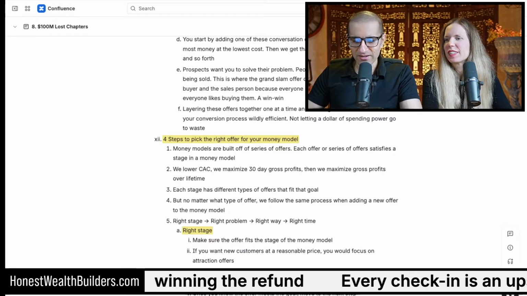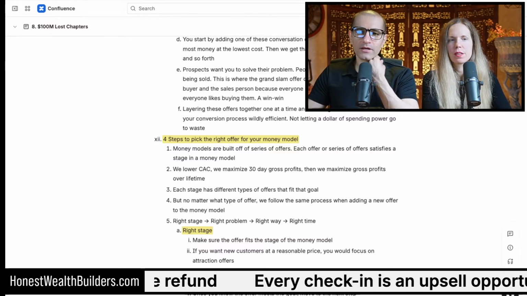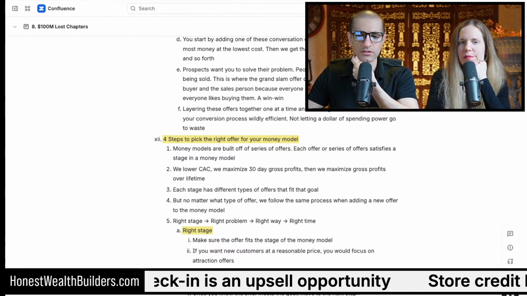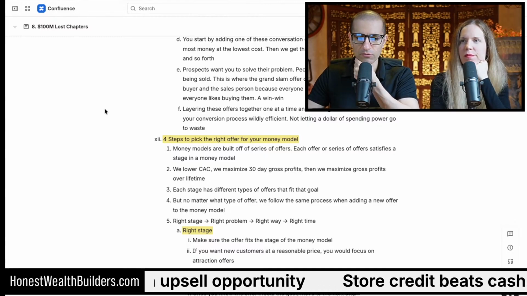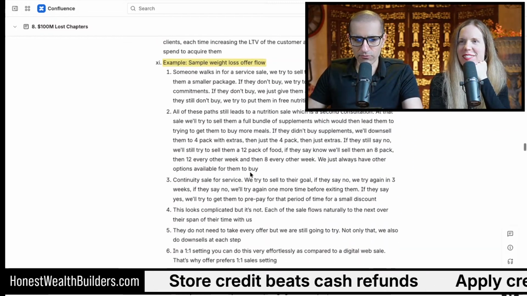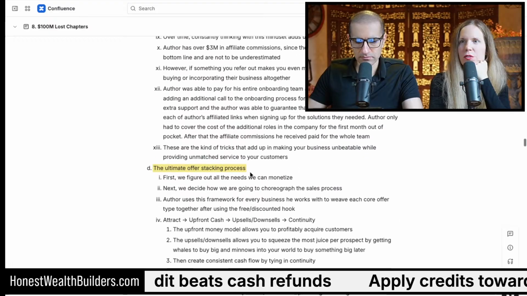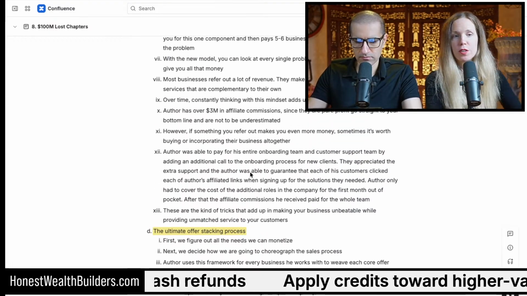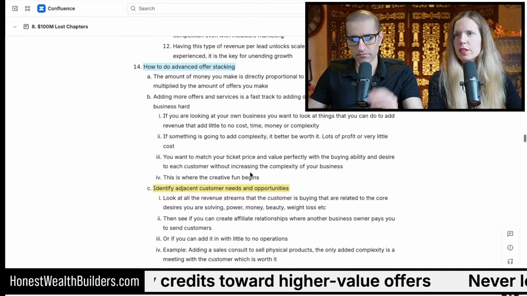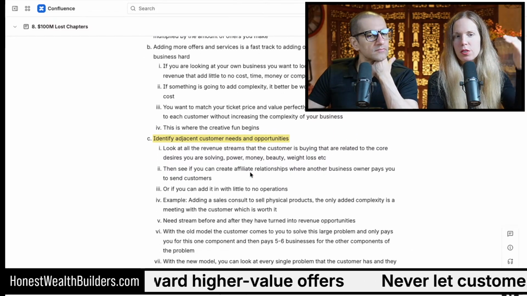Last time we covered advanced offer stacking. You make an offer pancake. It means you don't want to sell just one thing. You need to have a series of offers that you can stack one on top of each other.